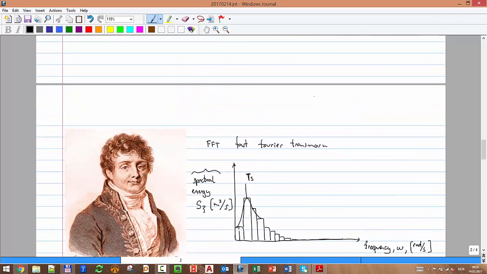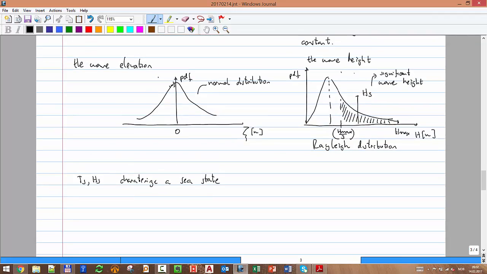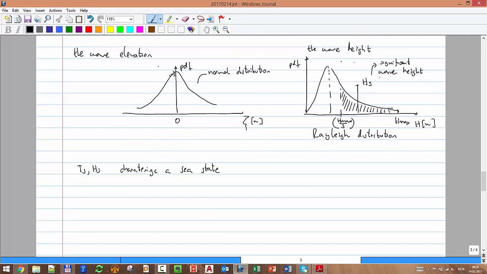Then I'm not concerned about the elevation, but basically the height, the difference between two consecutive waves, the highest value and the lowest value. To characterize it, I use a tricky procedure, which is I take the average of the highest 1/3 of the waves. And that's the height that I report as the significant height.